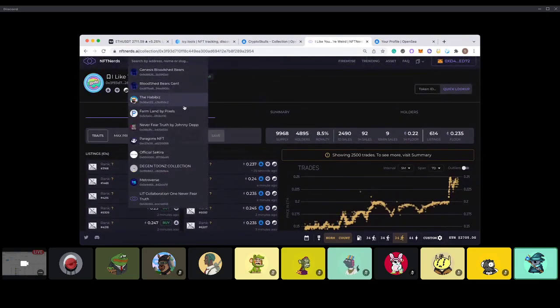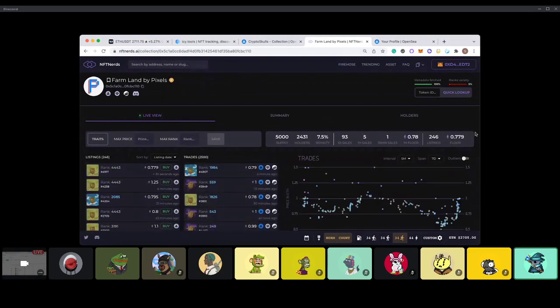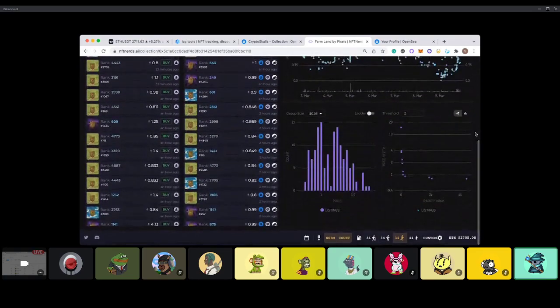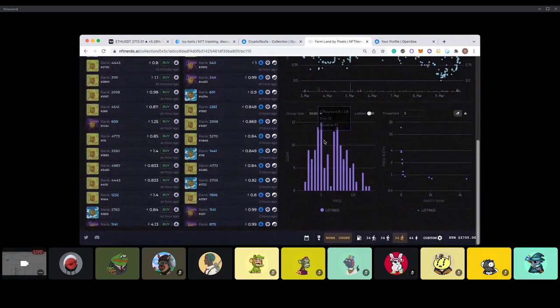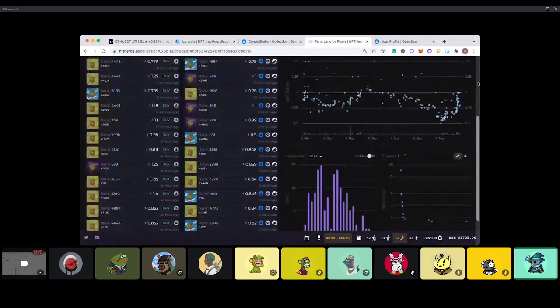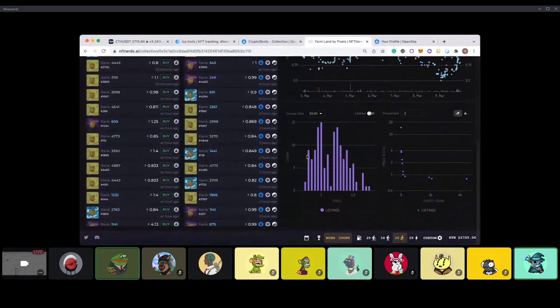Let's look at another project that is not pumping. For example, we know that Farmland is not pumping now for whatever reason. But if we look at the walls, the floor is at 0.77. To break the 0.85, we only need to sell 11. Now, how many did we sell in the last 1 hour? 5. So it might take 2 hours to break that wall.